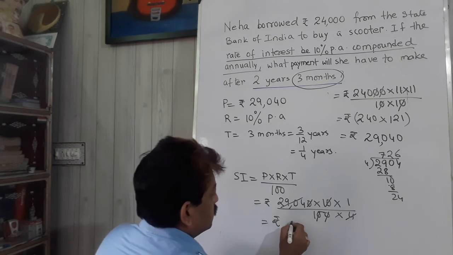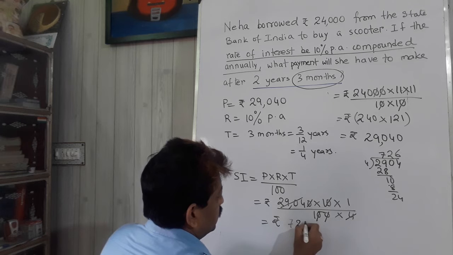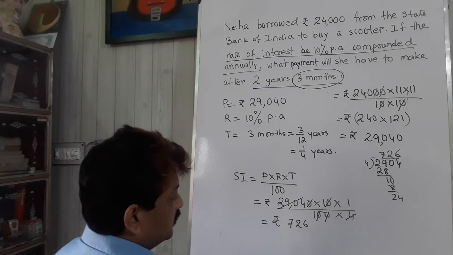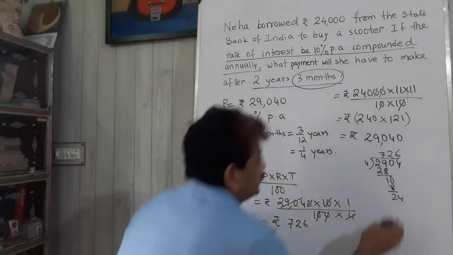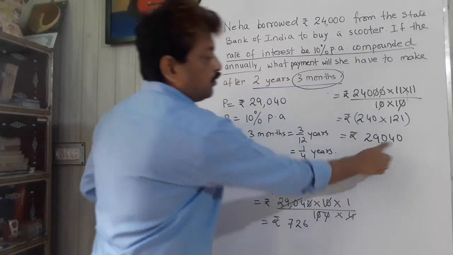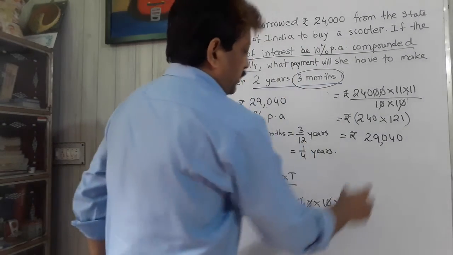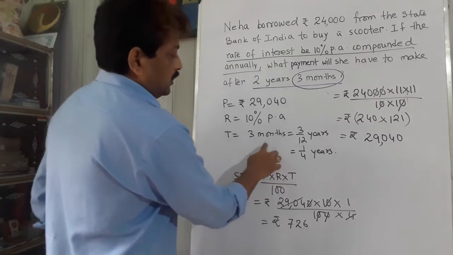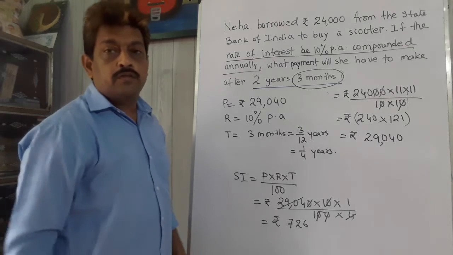So it is rupees 726. So rupees 726 is the simple interest on rupees 29,040 at the rate 10% per annum for 3 months, that is 1/4 of a year.